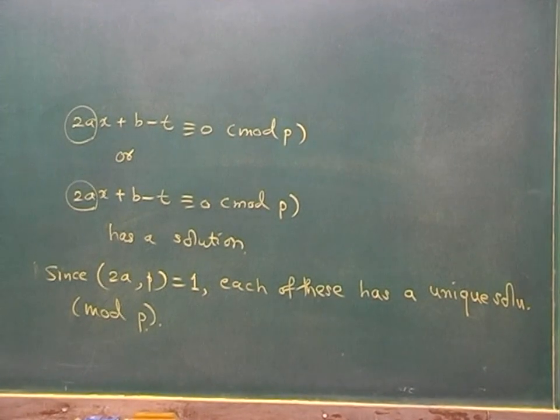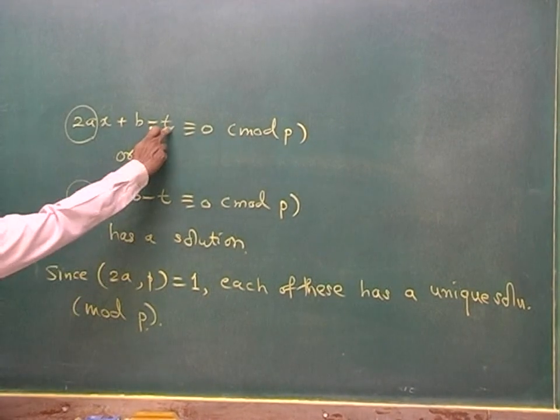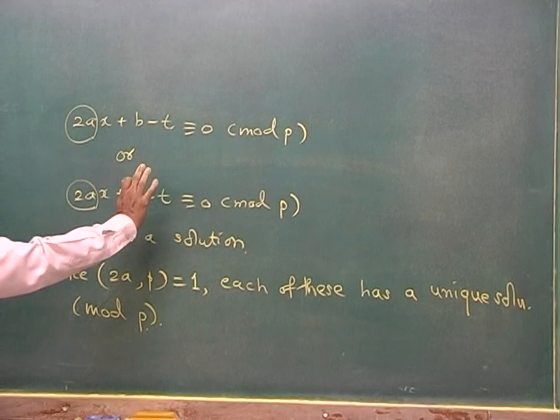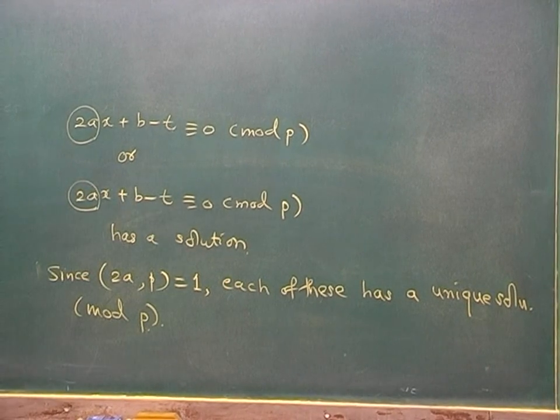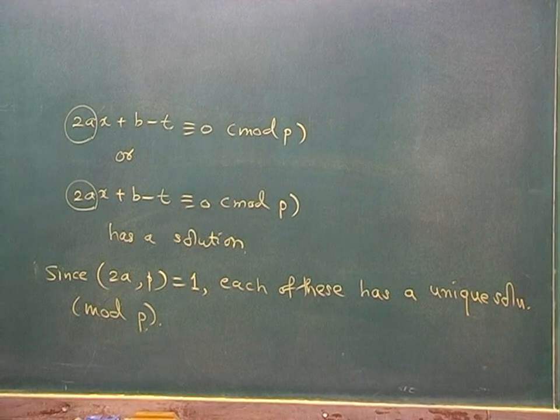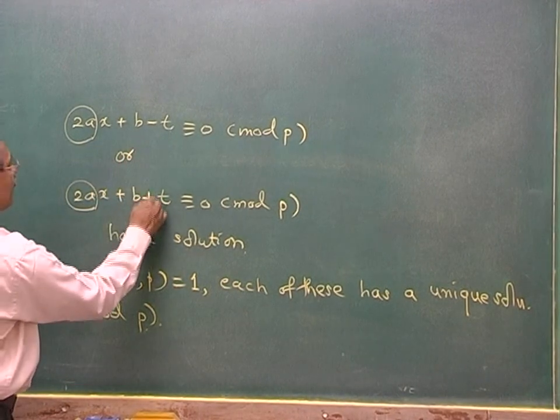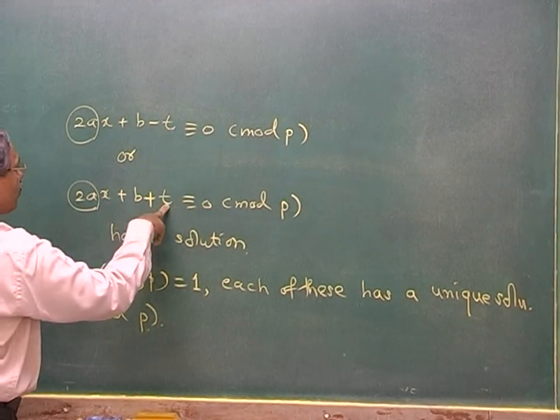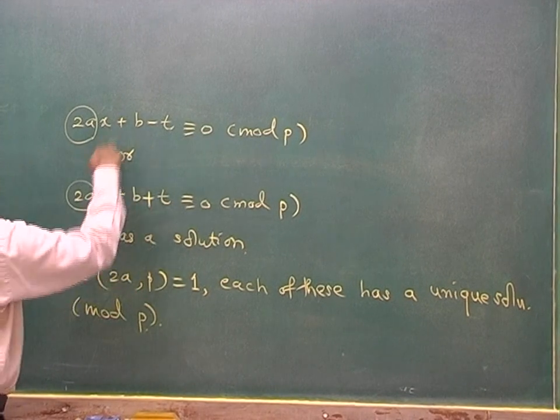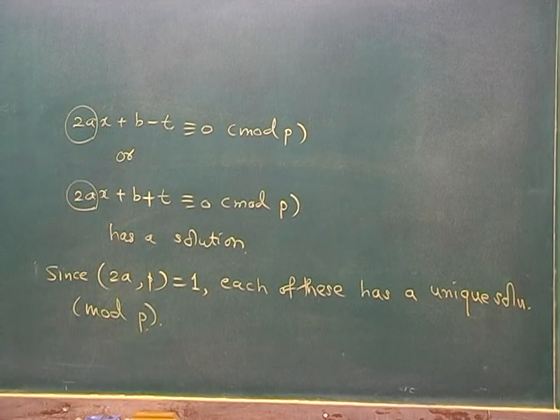Now if t is not congruent to 0 mod p, so there is minus b, so minus t and plus t here. So if t is congruent to 0 mod p, then these two are the same and there is only one solution.